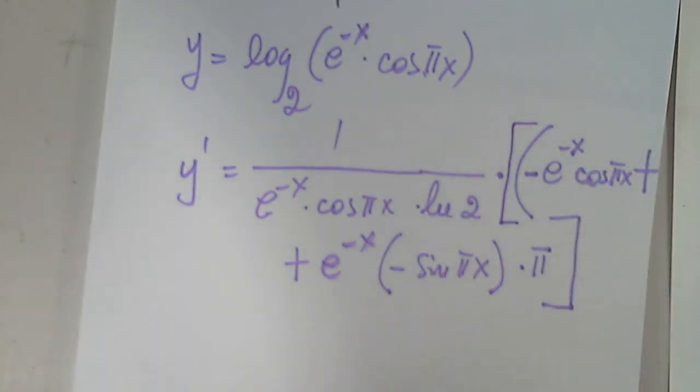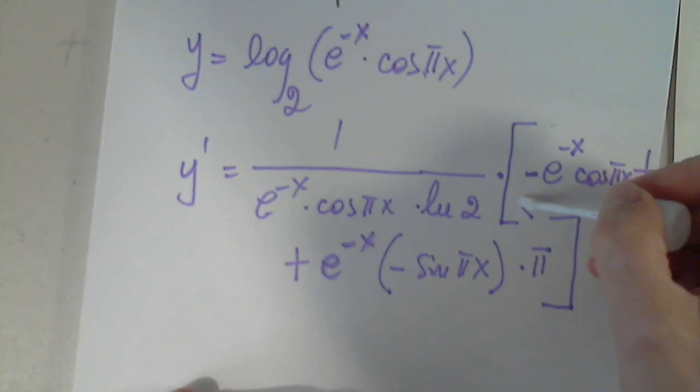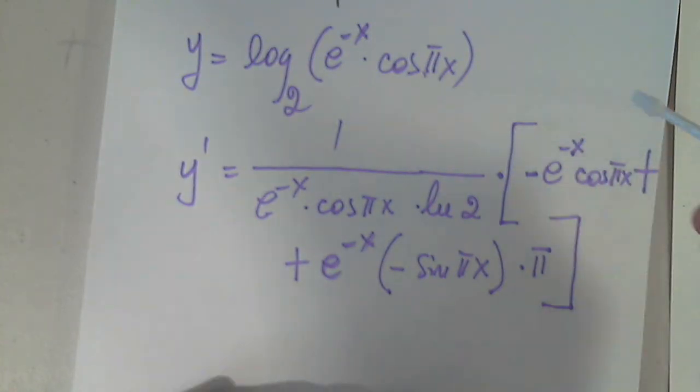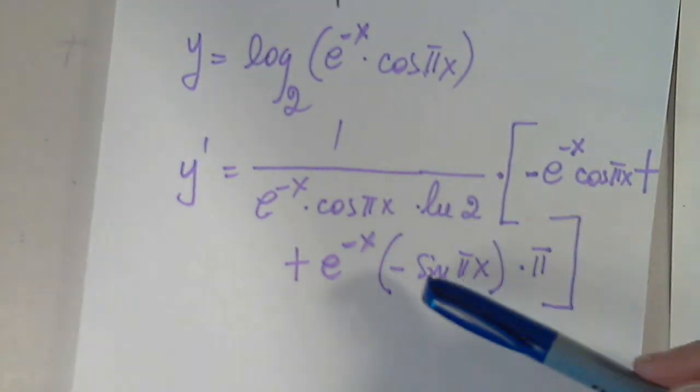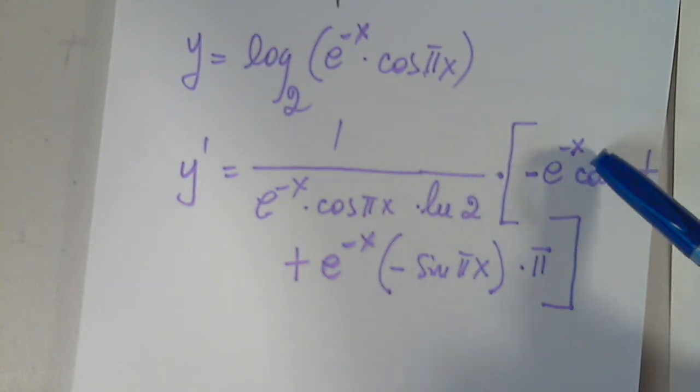Sometimes it's difficult to see what's happening here. So I'm going to delete that. Okay, so now I realize that both terms are negative, so I'm going to pull out negative e to negative x.